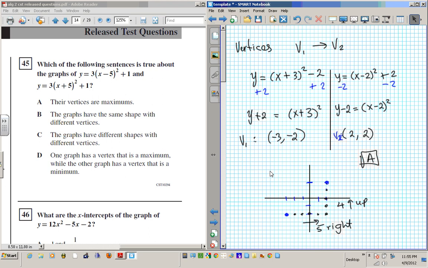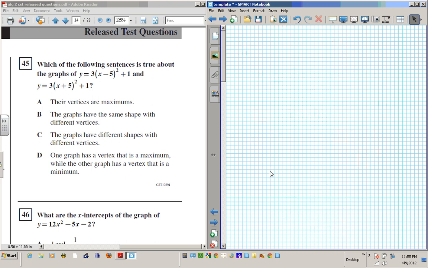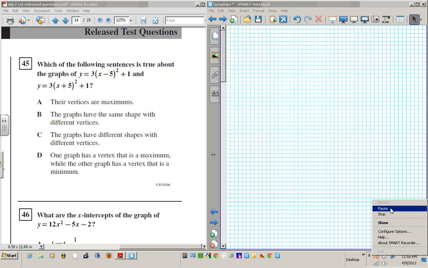It says, which of the following sentences is true about the graphs of y equals 3 times (x minus 5) squared plus 1 and y equals 3 times (x plus 5) squared plus 1. So if you look at the two equations, you notice that they're basically identical.